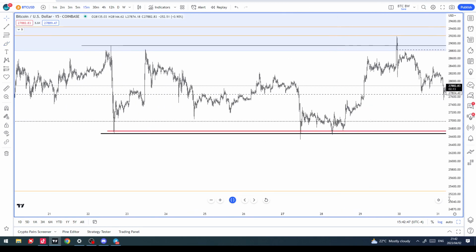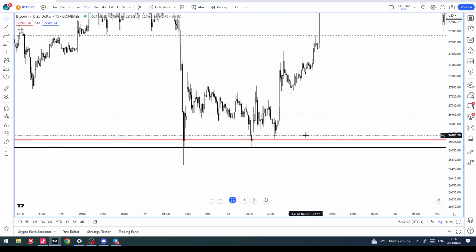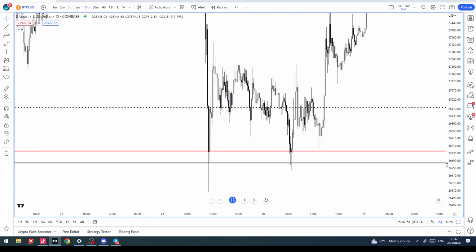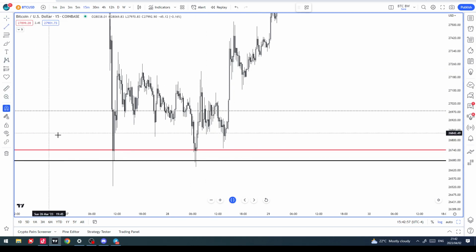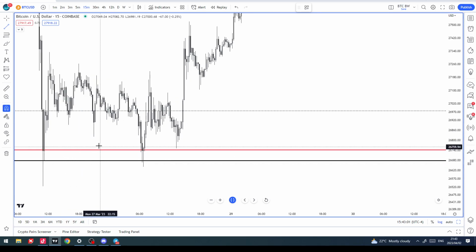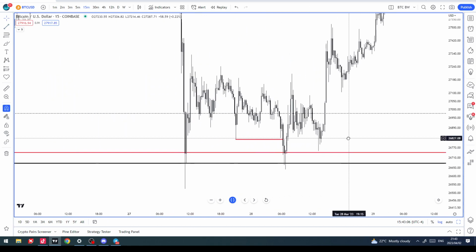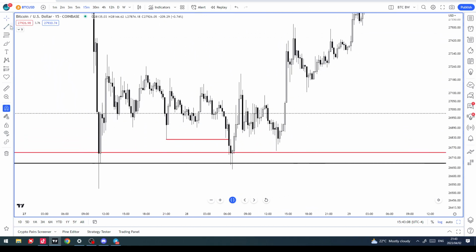At this point, once support ideas are created, which is what you see in red, all we are doing now is looking for an entry model that we know and love, some form of liquidity being taken, right? The candle that breaks the low, this guy, mark the top of it.